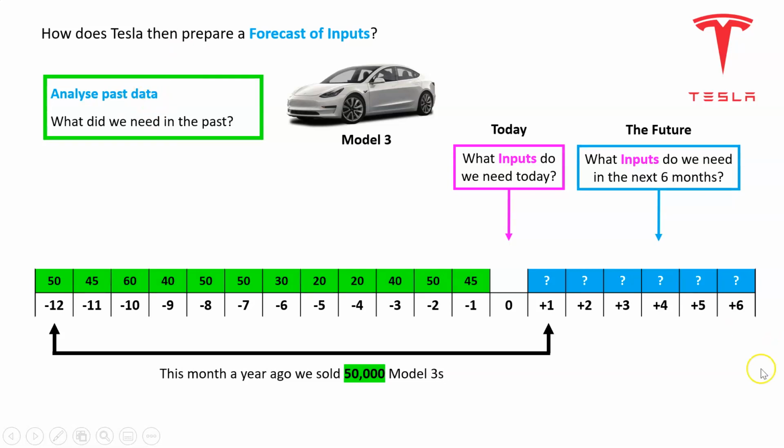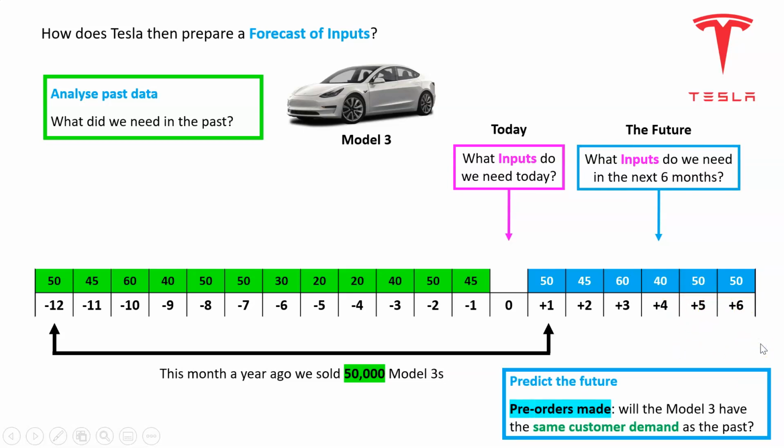It doesn't just look at past data, it also looks at future data or predictions. So I guess now, if we're just going to go back and go, well, a year ago there was 50,000, then this month there was 45, and this month there was 60, and this month there was 40, and then 50 and 50. So we've got a little bit of a forecast now. But then we add in predictions of the future. So Tesla is very lucky here because they're going to have a lot of pre-orders that have been made.